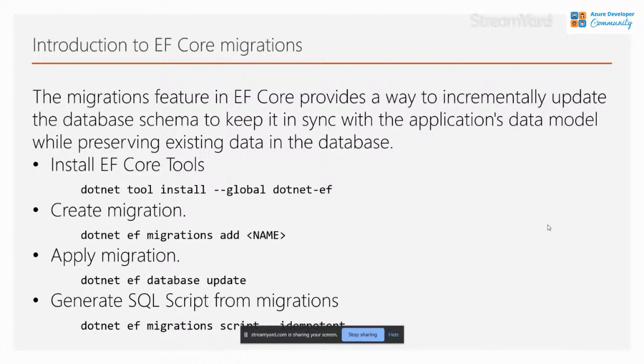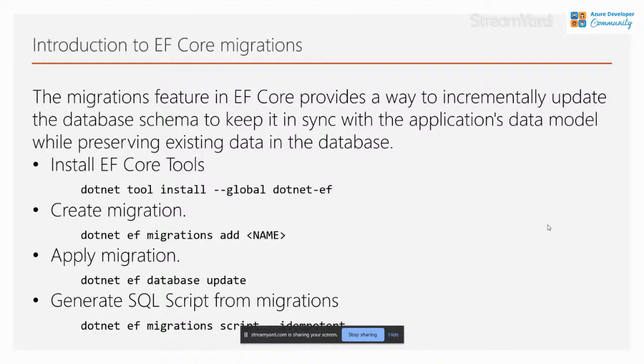Basically, how it works: whenever you are changing something, you will create a migration, and you will apply that migration to the database. Entity Framework will create a table in the database, and whatever migrations you apply will be tracked in that table.